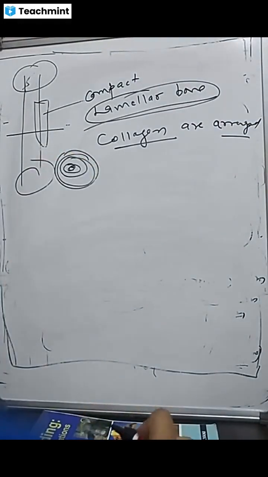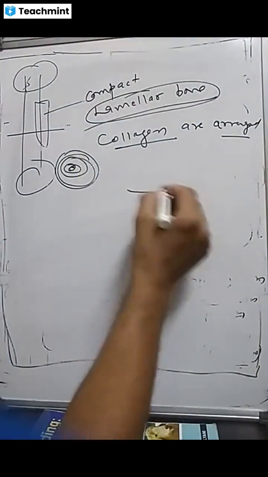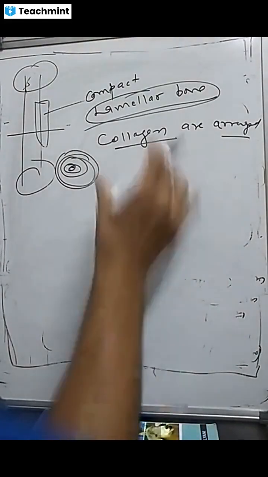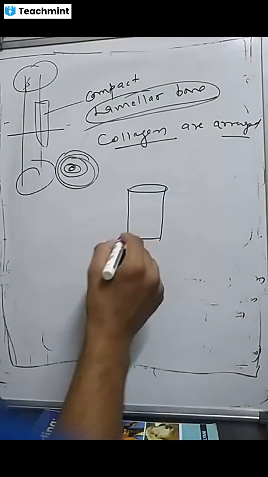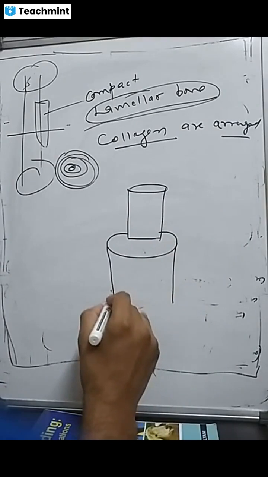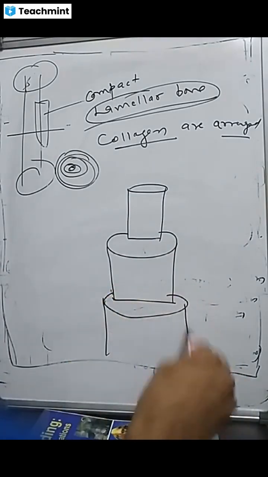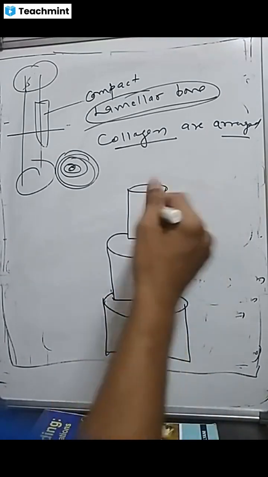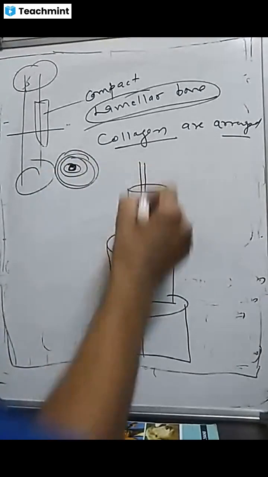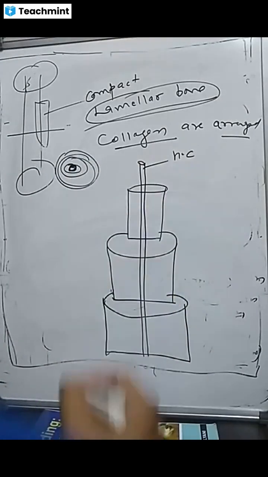If we look at the orientation of the collagen fibers, it will be like this. This is one lamella, this is another lamella, and this is number 3. And in the center, as I explained, this is the Haversian canal.